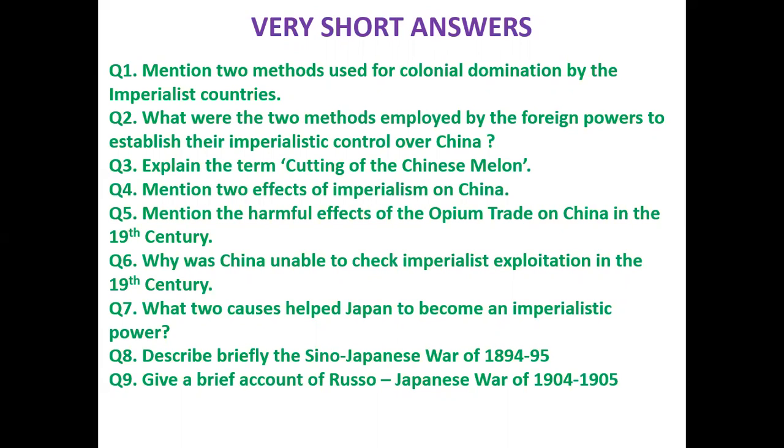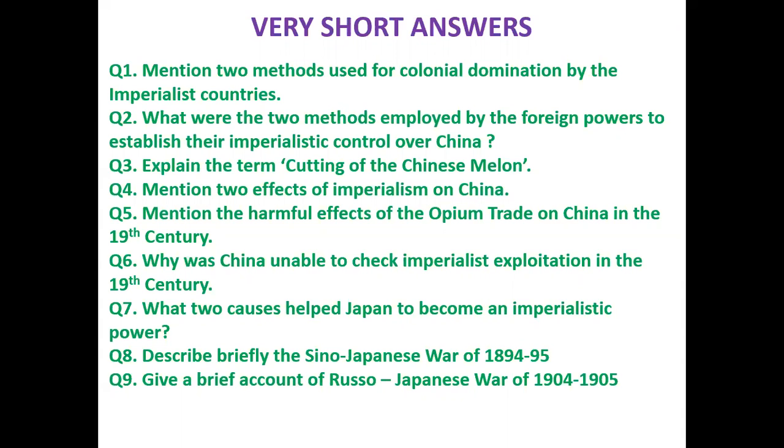Next is, mention 2 effects of imperialism on China. Number 1 was the division of China into different spheres of influence, and number 2 was the unnecessary Opium Wars. Because of imperialism, the whole of China was divided into different spheres by various imperialist powers. And number 2, to push the sale of opium and to get huge profits, the Europeans forced opium on the Chinese.